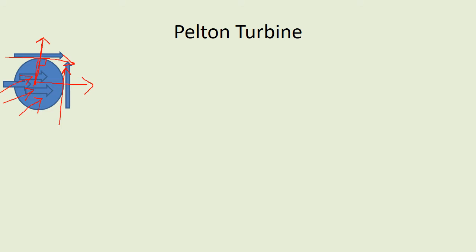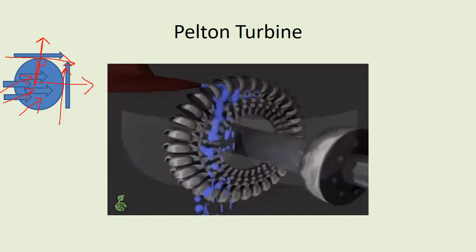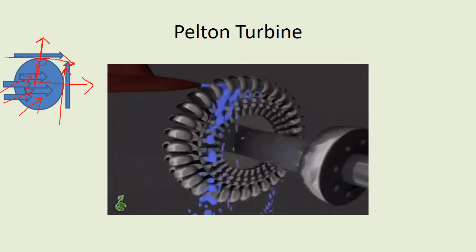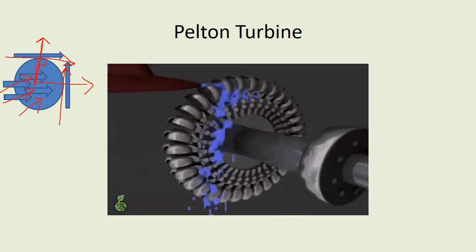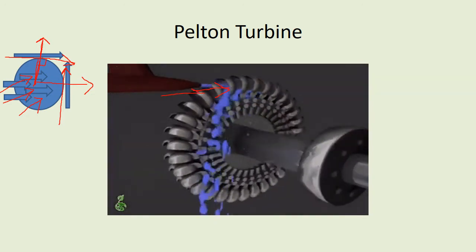So if a force is coming tangential to a turbine, it is creating an impulse. This Pelton turbine is one of the tangential force turbines. Here you can see that the water jet is tangent to the turbine blades. That is how the Pelton turbine works.